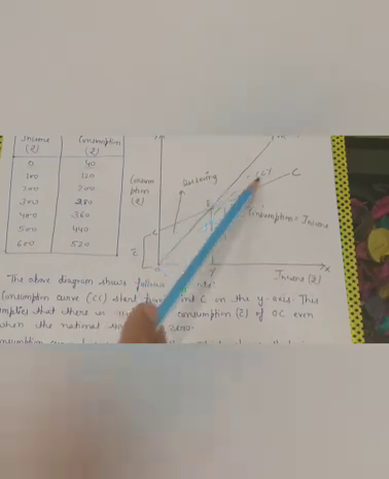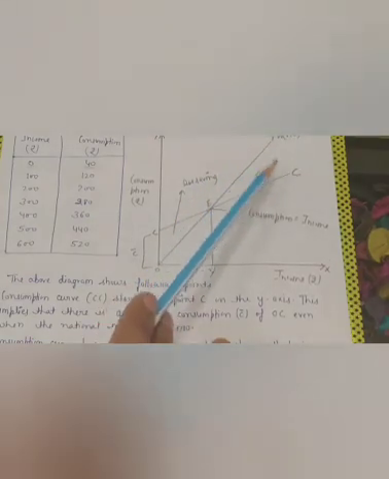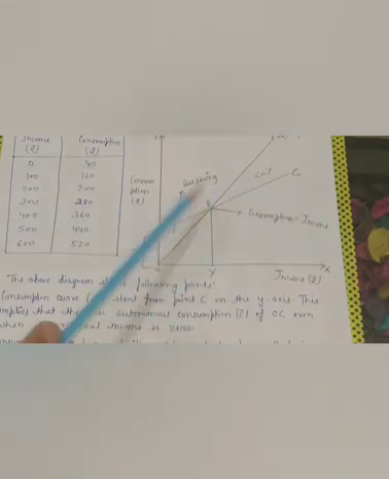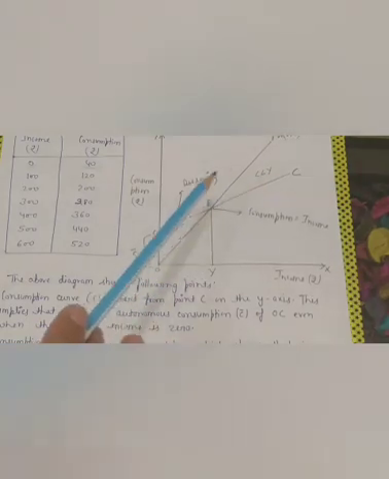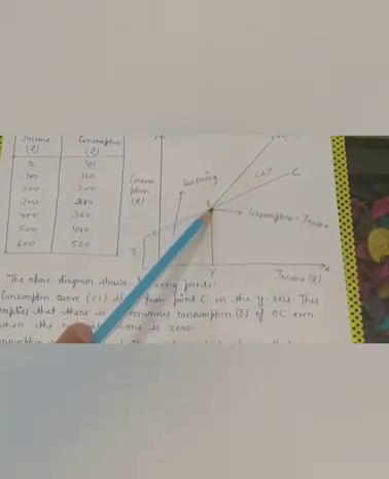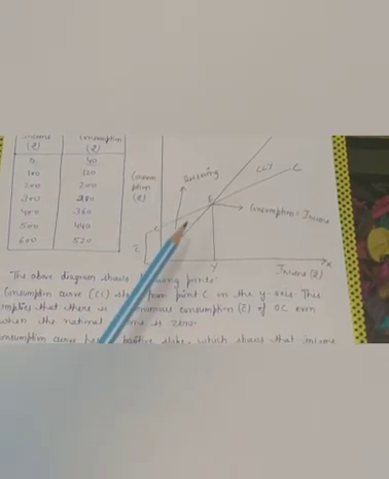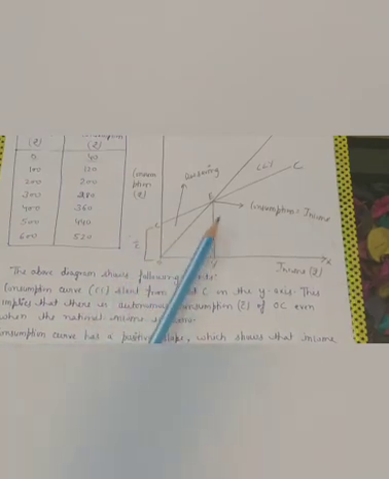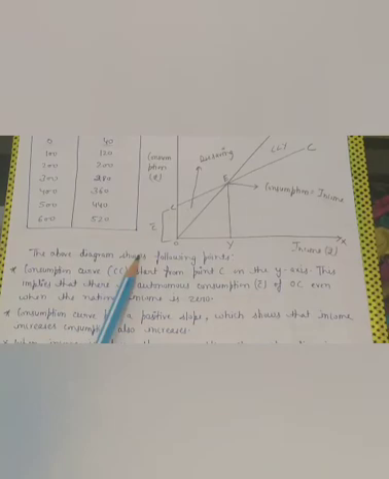After break even point, consumption is less than income, means saving is positive. Before point E saving is negative. Now after this we will explain this diagram. The above diagram shows the following points.